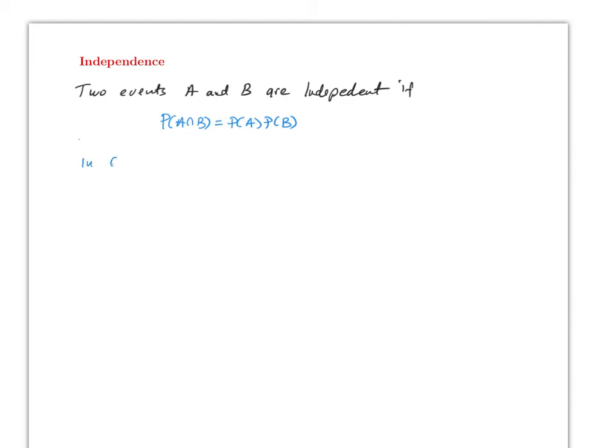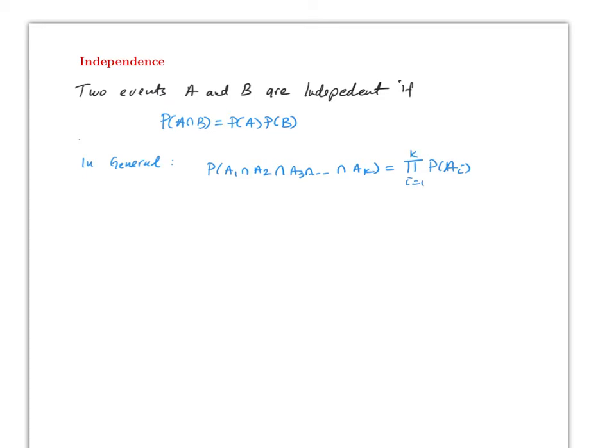So in general, the probability of A1 intersecting with A2 intersecting with A3 and so forth all the way to AK is equal to just the product of the probabilities of AI from I equals 1 to K.